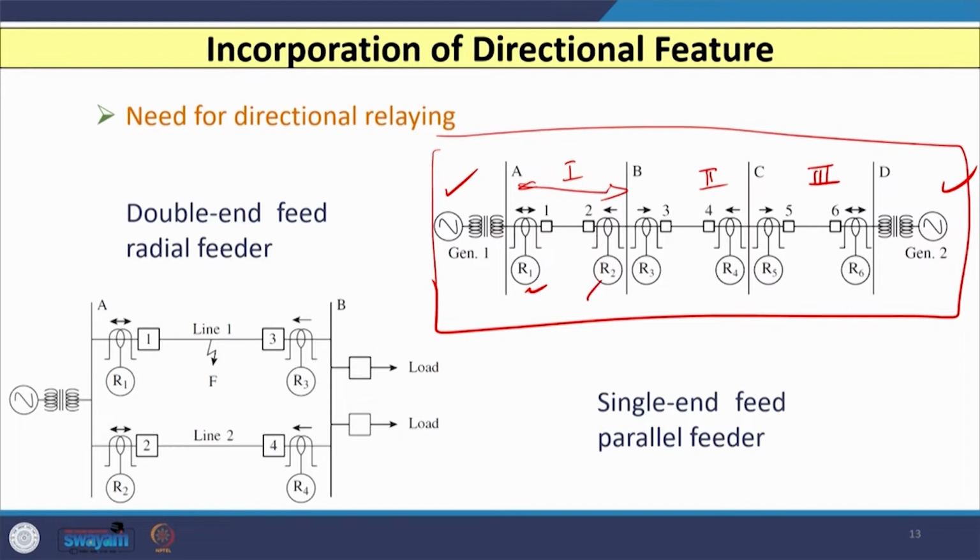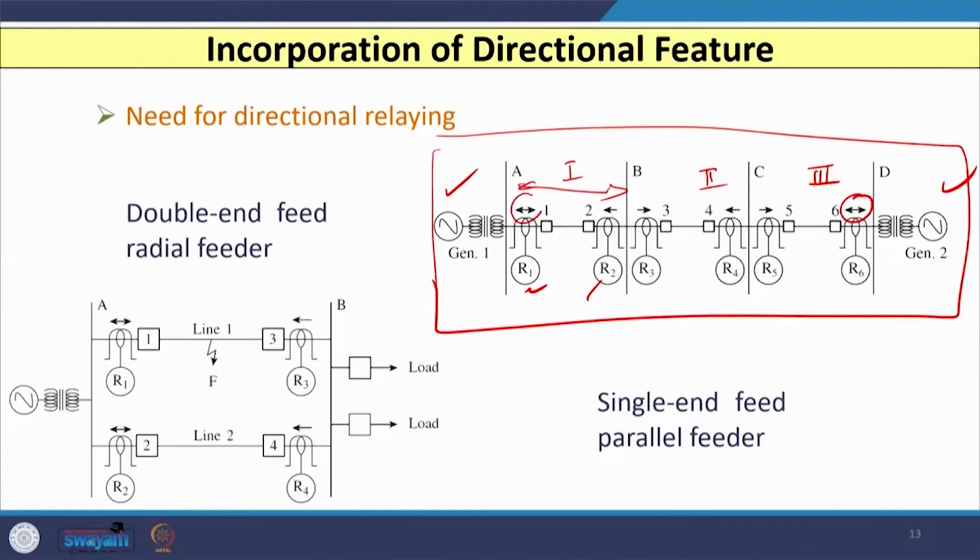So, when the radial network is fed from both sides, the first thing is you have to decide which relay is directional and which relay is bidirectional. These 2 relays located near the source, R1 and R6, are bidirectional, whereas the other 4 relays, R2 to R5, are directional.